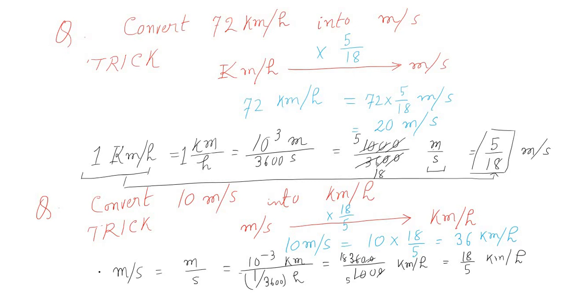So 1 meter per second is 18 by 5 kilometer per hour. The simple factor is 18 by 5, which is multiplied with the value that needs to be converted from meter per second to kilometer per hour.